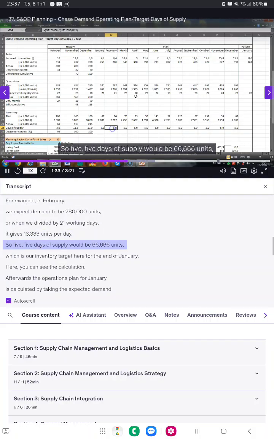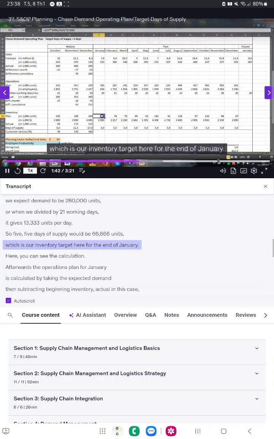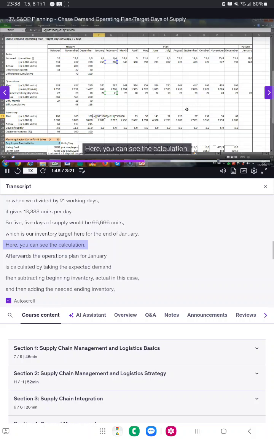So 5 days of supply would be 66,666 units, which is our inventory target here for the end of January. Here you can see the calculation.